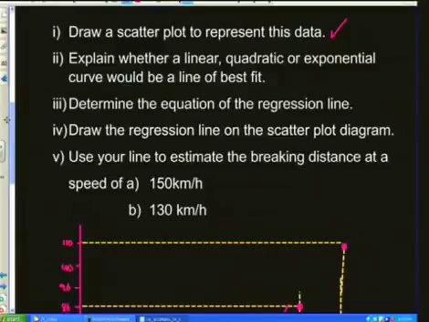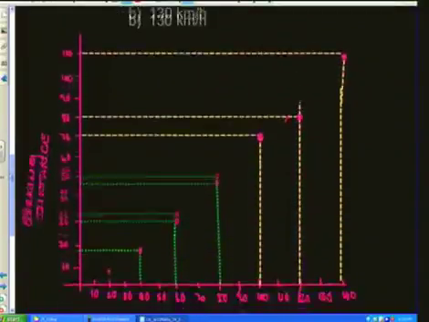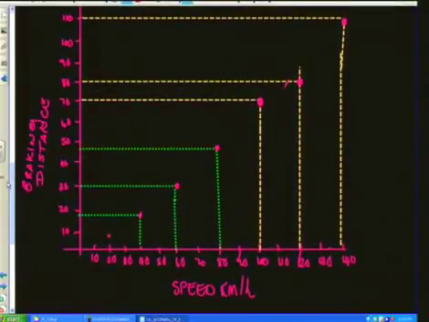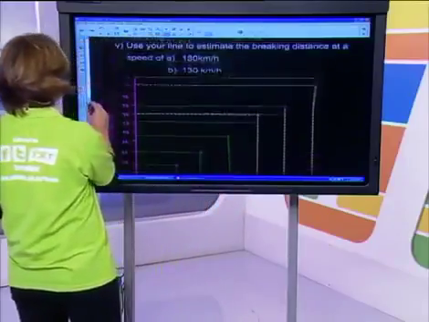Determine the equation of the regression line. The line of best fit is very much an estimate. We're going to estimate where this line is passing through. But this line is represented by an equation, all right? So we can actually work out the equation of this line of best fit by means of using your calculator. So grab out your calculators, and this is what we're going to do.